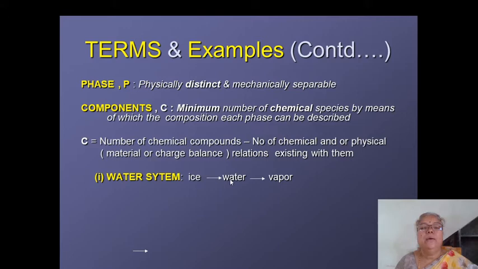When water is boiled, it gets converted into vapor. In the water system there are three phases, and the number of components is only one. So C is equal to 1.